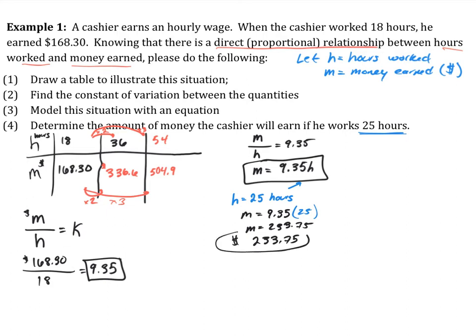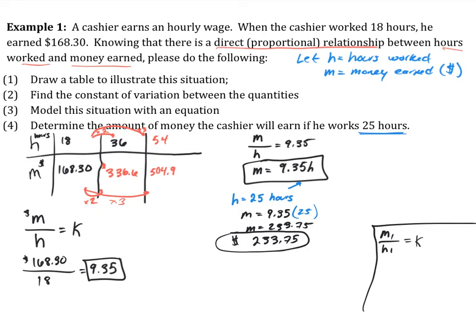I want to show you a shortcut in this example, and you're probably going to be angry with me, but I want to show again that there is another way to think about this problem. If you're told, and it's once again knowing what a direct variation is, if you know there's direct variation, you know one instance of the money earned divided by the hours will reduce to some constant.